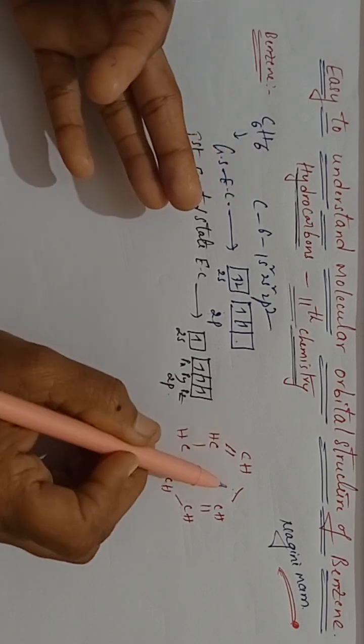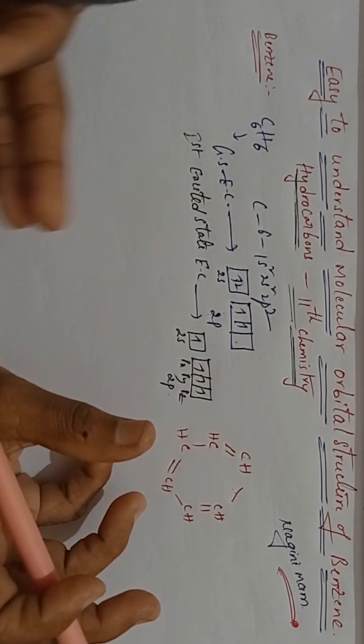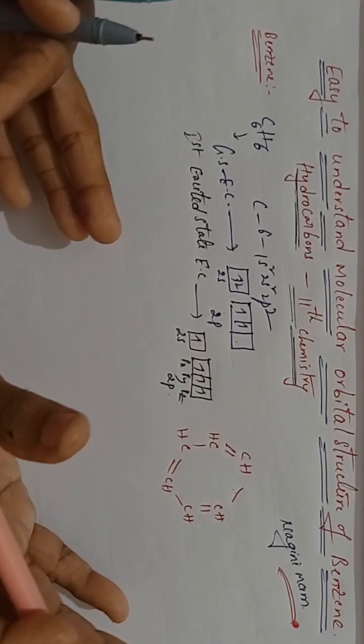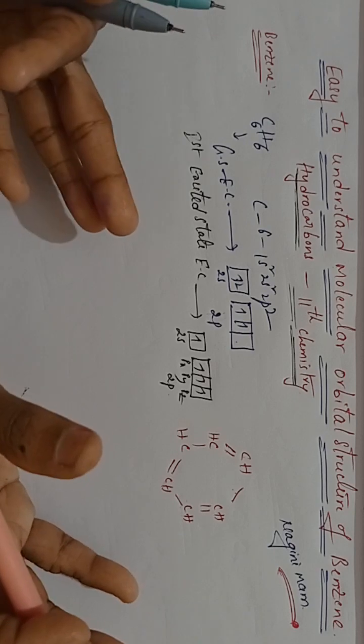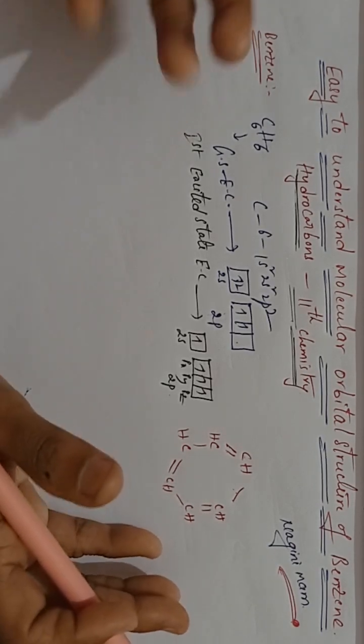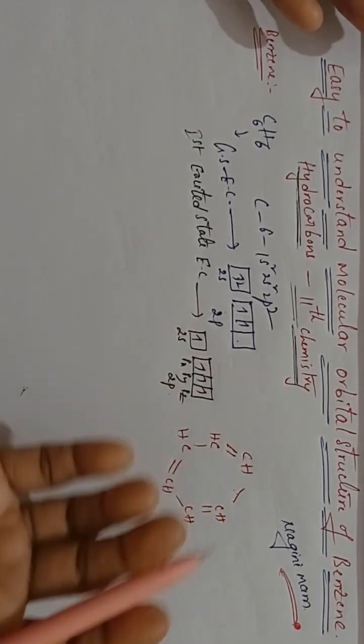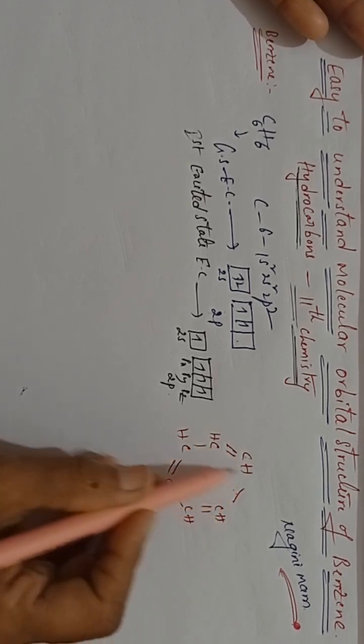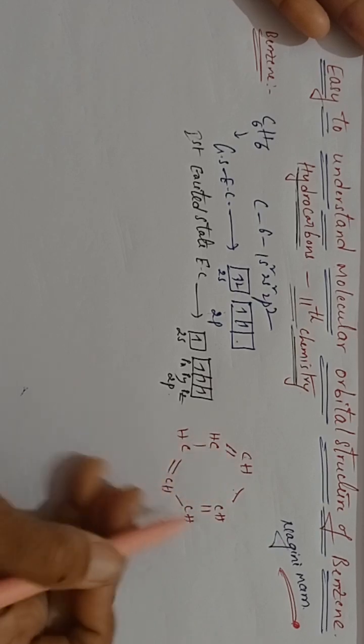Hybrid orbitals always form sigma bonds, we know that. Pure atomic orbitals undergoing hybridization produce hybridized orbitals. So in benzene, all 6 carbon atoms undergo sp2 hybridization.